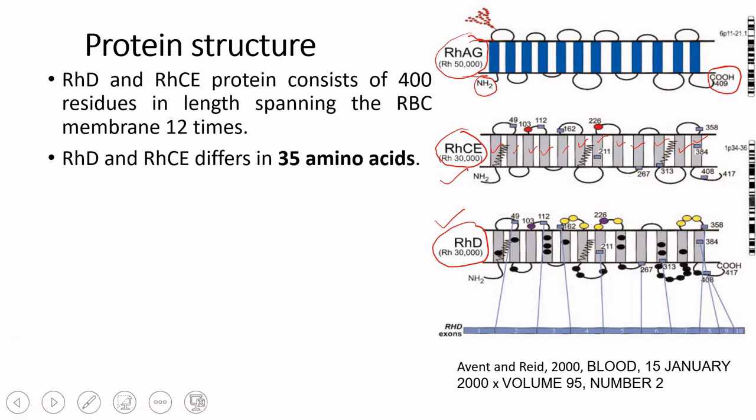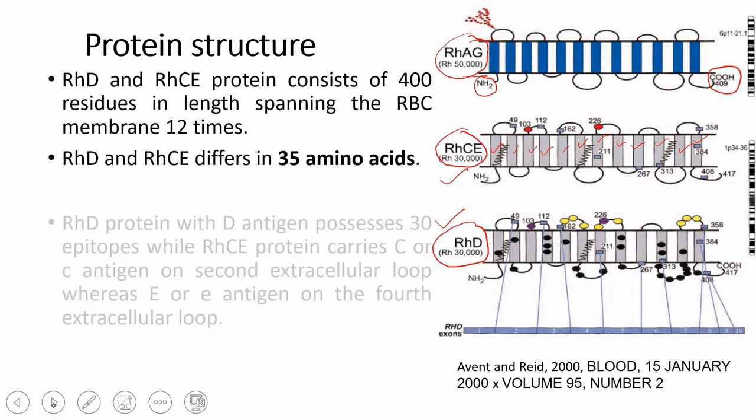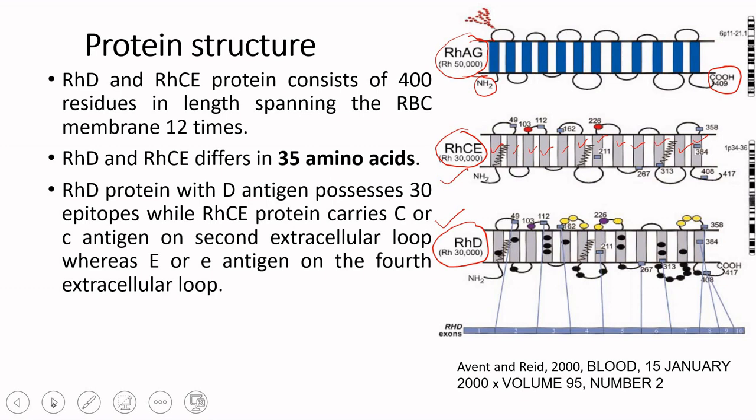Though the number looks very small, it makes a vast difference in their antigenic determinants. As you can see, RHD protein with D antigen possesses 30 epitopes. In this case of RHD, these small dots that you are looking at are termed epitopes. So with RHD, there are about 30 different epitopes.